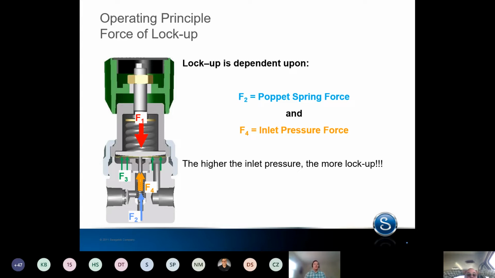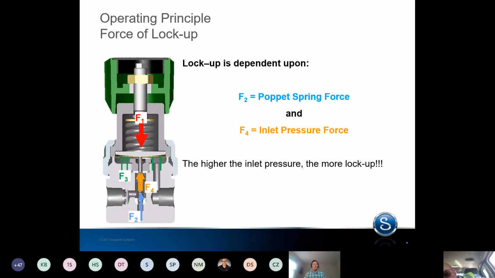The force needed to compress an O-ring versus a hard plastic seat can be very different. And while it's not always possible to lower your inlet pressure, if you do have a lower inlet pressure, you will see less lockup.